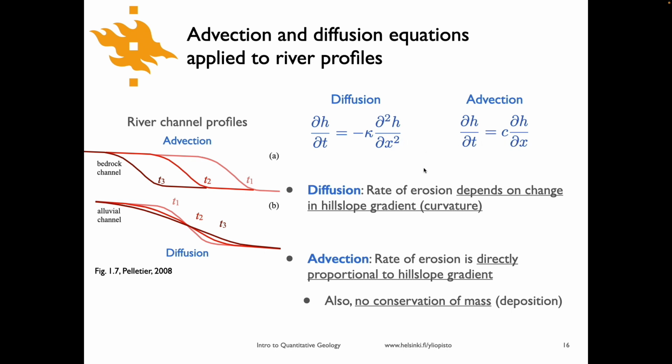So second derivative for diffusion, first derivative for advection, and also this assumption with the diffusion equation of conservation of whatever the quantity is that's diffusing, whether it's mass or energy, which would be heat, typically, for the cases we're considering, or something else. And that's not conserved in the case of advection. So I tried to keep that essentially as short as possible just to introduce the concept of advection.